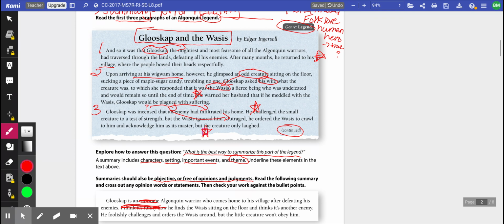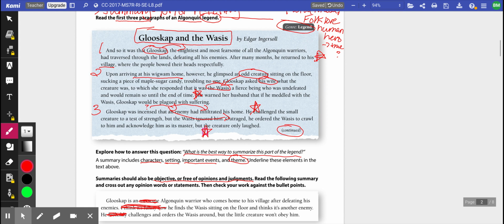Another one we've crossed out is he foolishly. That is a judgment word. It's an opinion word. We don't want to say foolishly. We just want to simply say he challenges and orders the Wessis around. Now, if the text would have said he foolishly challenged the Wessis, then we could have put that in our summary.